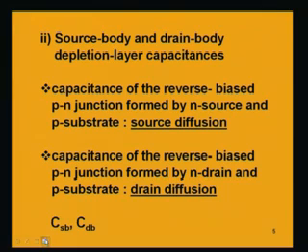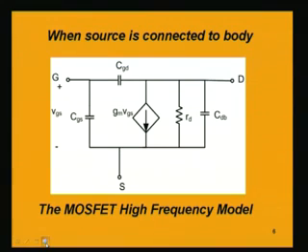So, the source to body capacitance will simply vanish, and the gate to source and gate to body capacitances will be only one capacitance from gate to source. Now we will get a small signal model when the source is connected to the body, as shown here. We have this current source as well, and the rd we have already got in the small signal model which we discussed for the mid band gain.